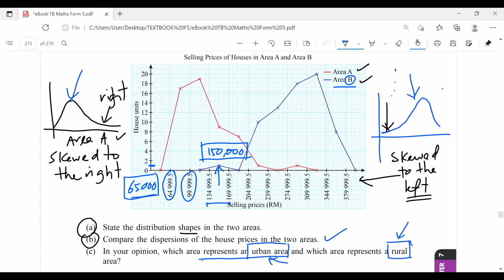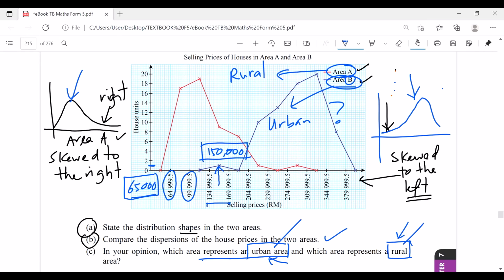So which house is more expensive, the one in the city or in the rural area? Let's say in KK and in Keningau. Of course, the houses in KK are more expensive than in Keningau. So you can say that area A represents the rural area, and area B represents the urban area.